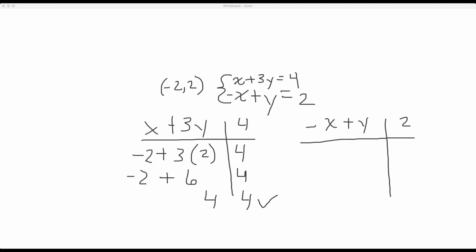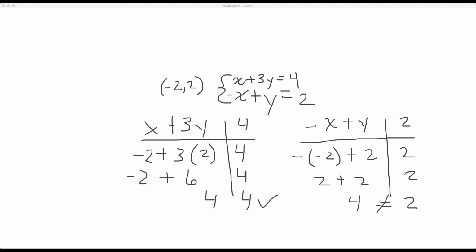Now what you're going to do is plug in your ordered pair again. Don't forget that the negative right there is part of the equation, so -2 goes inside when you plug in, plus 2, and then again it should equal 2. All right, now you use PEMDAS. A negative and a negative becomes a positive, so it's 2 plus 2, and 2 plus 2 is 4, and 2.